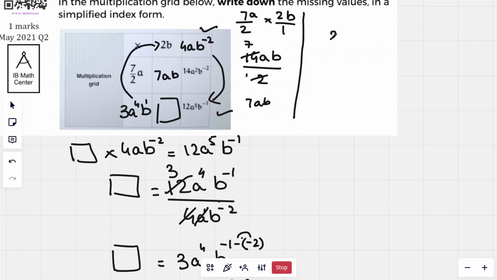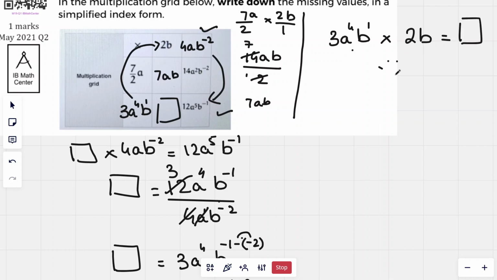So 3a to the power 4 b to the power 1 times 2b. This multiplied with 2b is the last missing box.